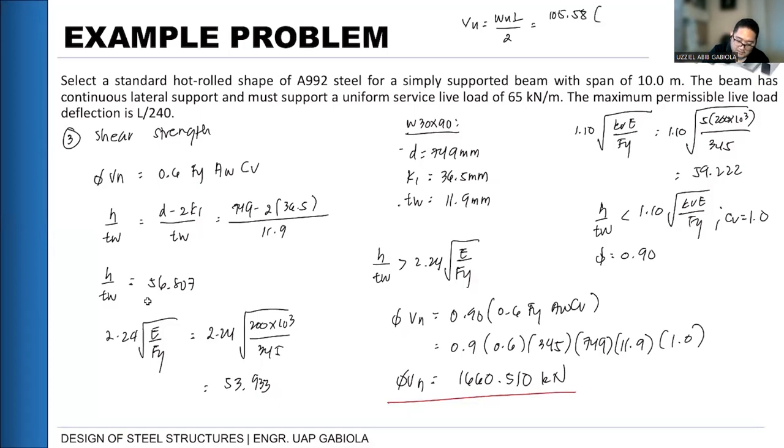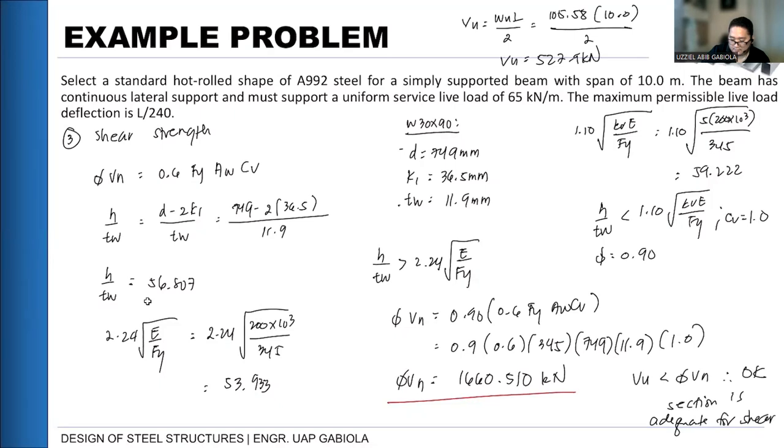So Vu is equals to 105.58 times 10.0 all over 2, that is 527.9 kilonewton. Since yung Vu natin is less than ng phi Vn natin, therefore, okay tayo, our section is adequate for shear. Okay? So, adequate din siya for shear.